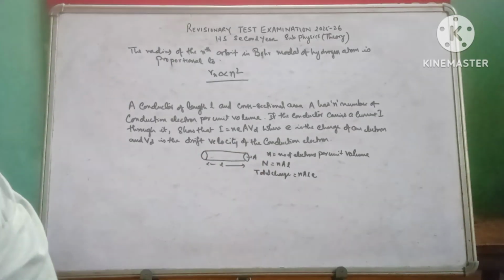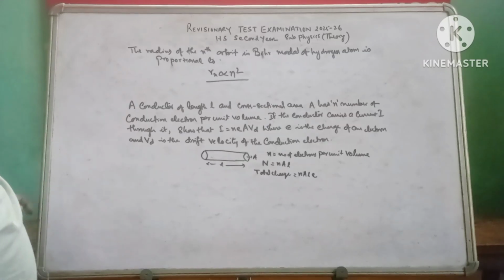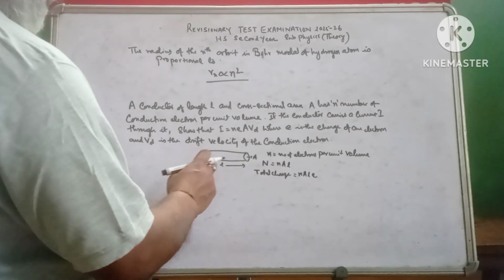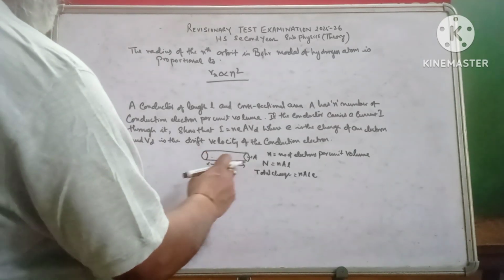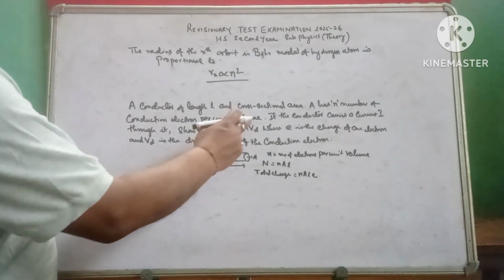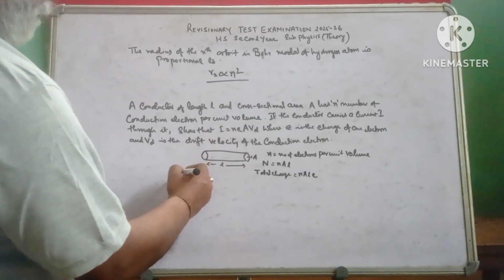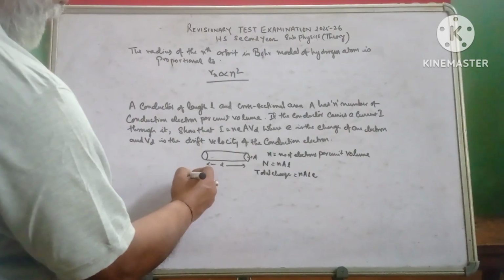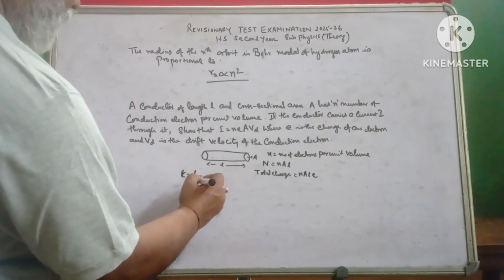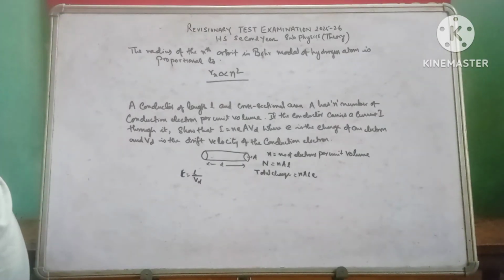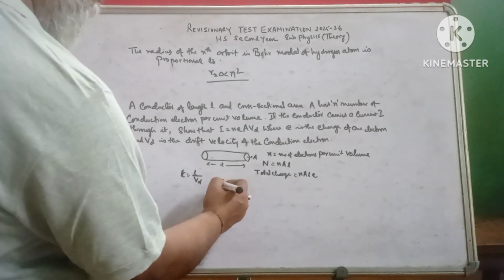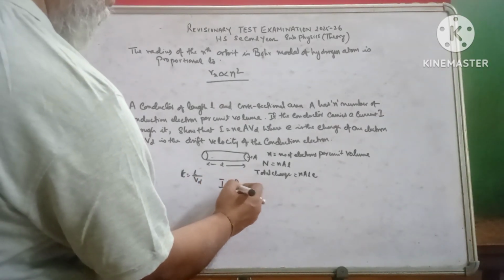And the time required for the charge to move through a distance of L, because Vd is the drift velocity of the electron, will be L by Vd. So I is equal to Q by t.